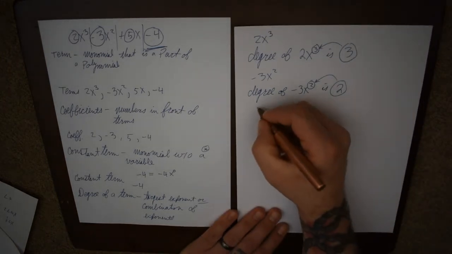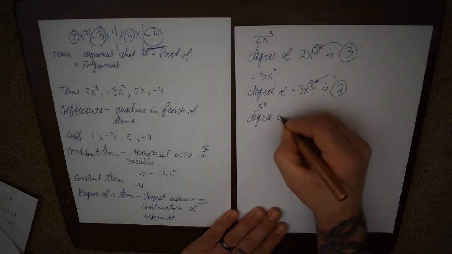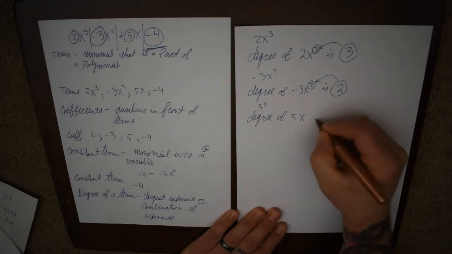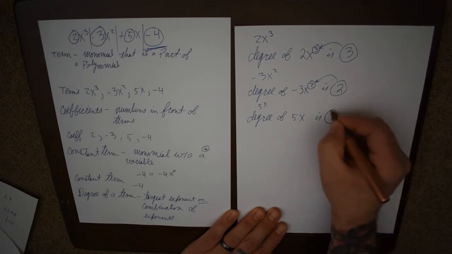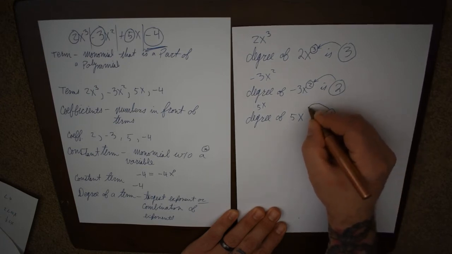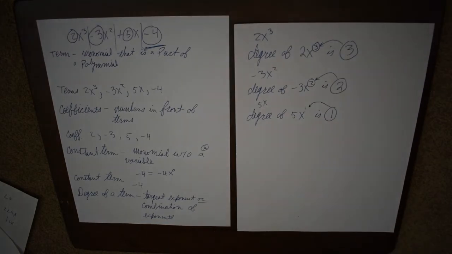Then we've got a 5x. The degree of 5x is 1. And even though we didn't write it, you can think of it as a 1 floating around as the exponent on that x.